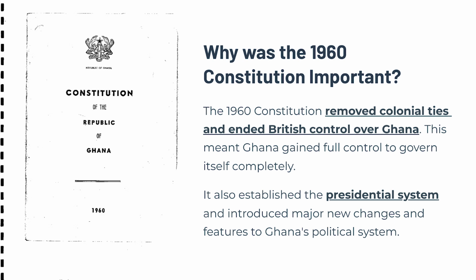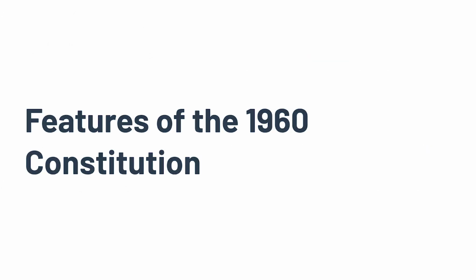It brought in new laws, new leadership arrangements, and major constitutional changes. In simple terms, the 1960 Constitution gave Ghana true independence, politically, legally, and administratively. In the next minutes, we will explore 9 features of Ghana's 1960 Constitution and the changes it brought.